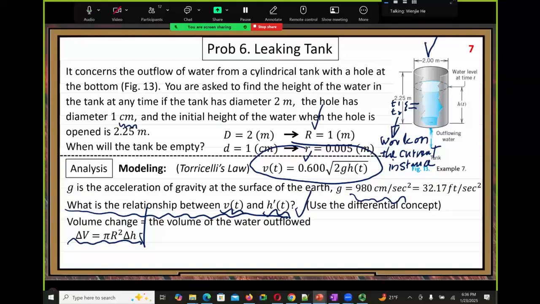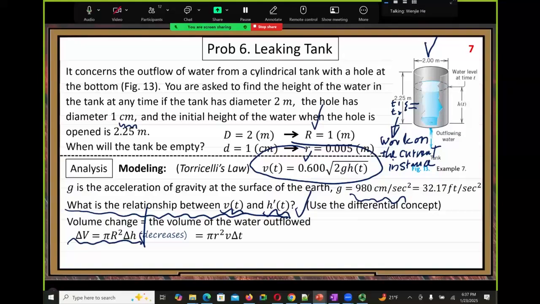That idea. So we need to take the limit: reduce that difference, delta V and delta H approach 0. And delta H we can represent as the velocity v times delta t.